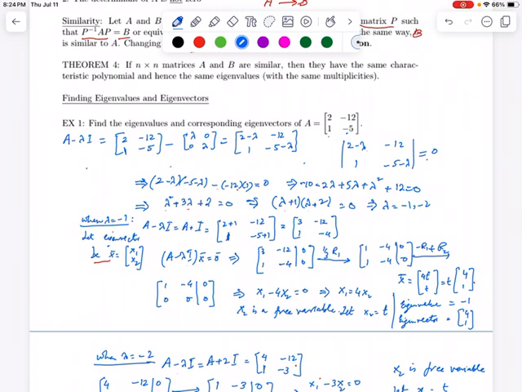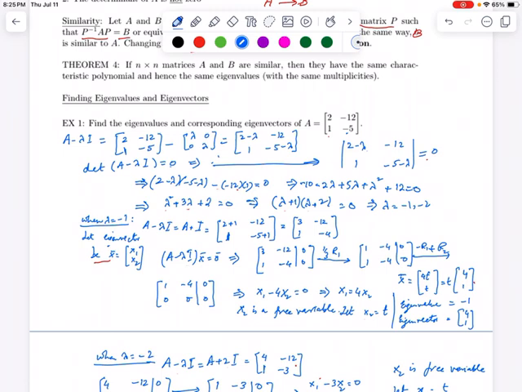Now we know that the determinant of A minus lambda I must be equal to 0. What does that mean? It means the determinant, which is given here, is equal to 0. And how do we expand?